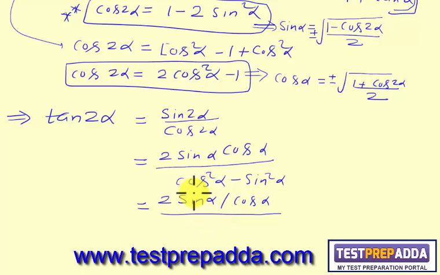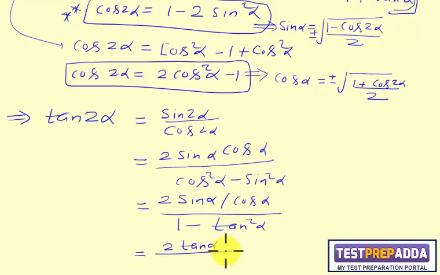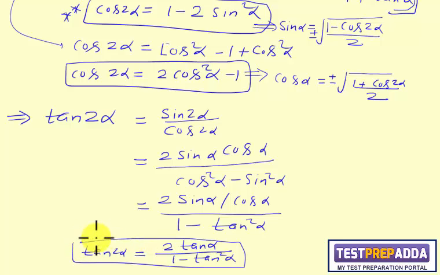Cos square alpha you have divided, so it becomes 1 minus sin square alpha upon cos square alpha, which will become tan square alpha. So the result will be 2 tan alpha upon 1 minus tan square alpha, and this we got.